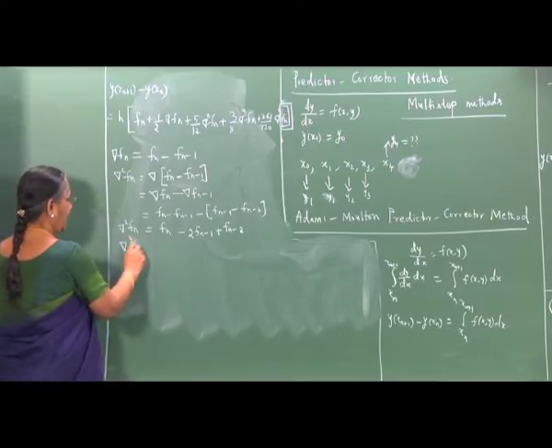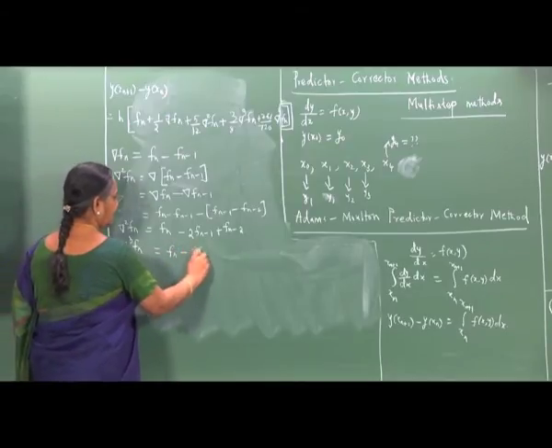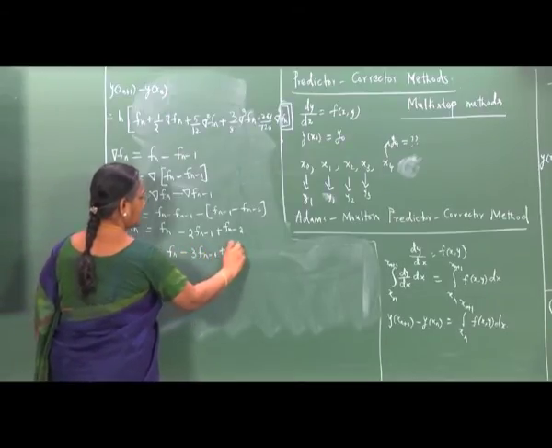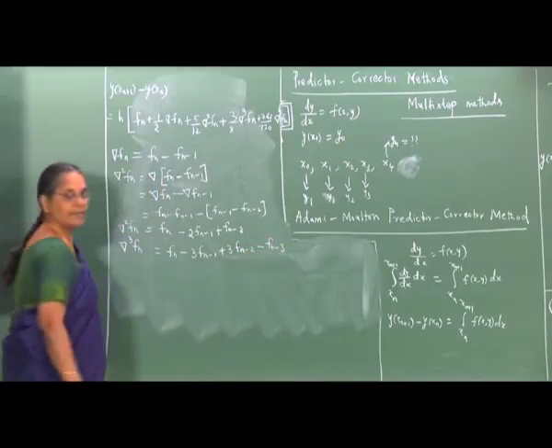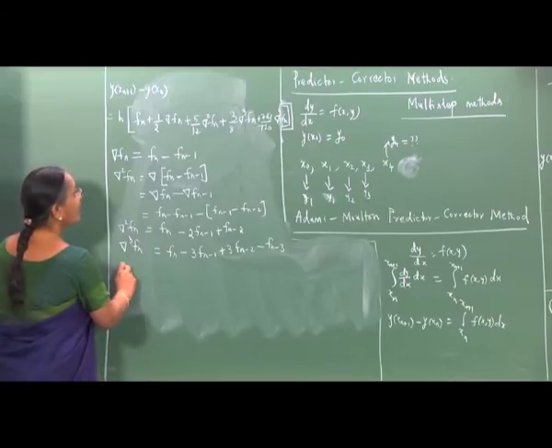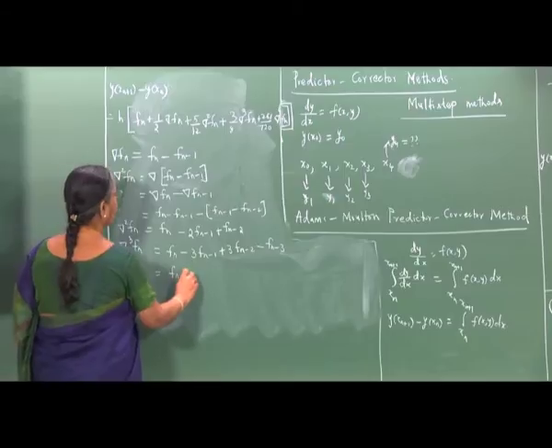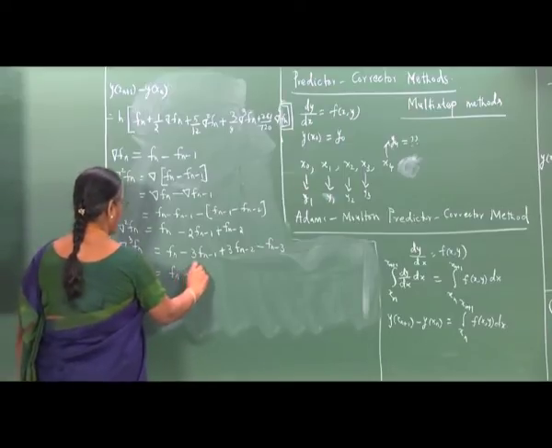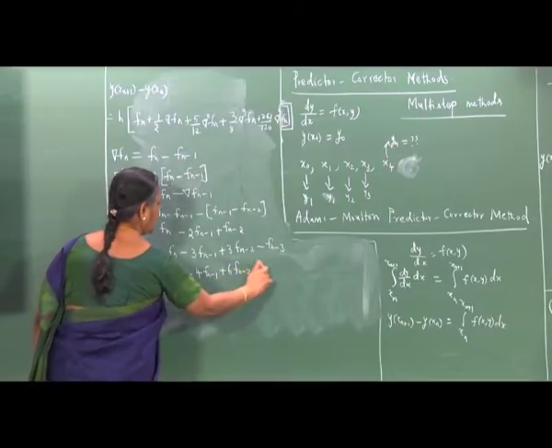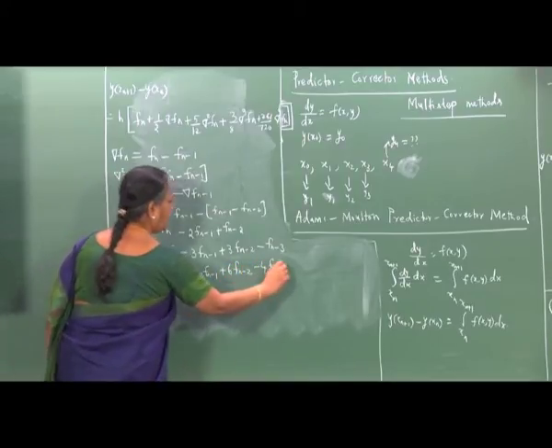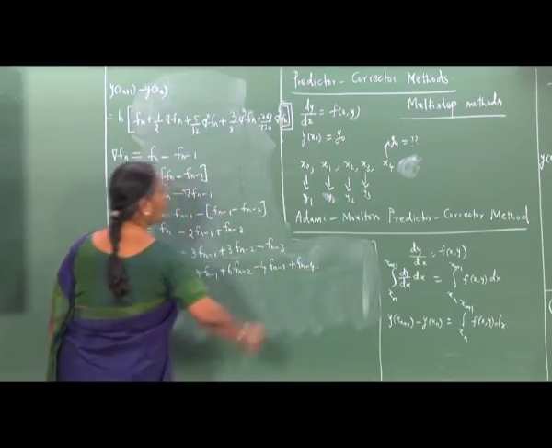We require del cubed Fn. So, that will be Fn minus 3 Fn minus 1 plus 3 Fn minus 2 minus Fn minus 3. And finally, we have del power 4 Fn, and that will be Fn minus 4 Fn minus 1 plus 6 Fn minus 2 minus 4 Fn minus 3, then plus Fn minus 4.